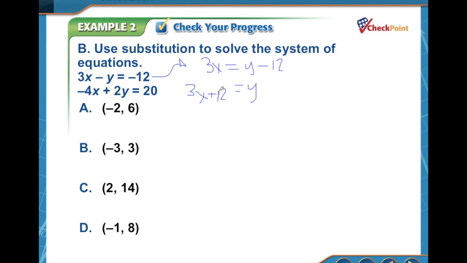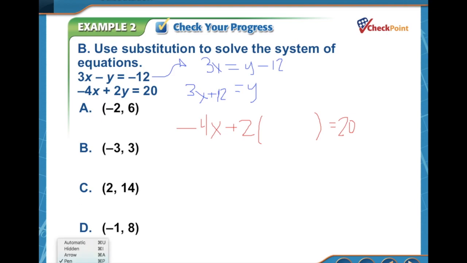Alright, so if y equals 3x plus 12, everywhere there's a y, I can also put 3x plus 12 into the other equation that I have. So let's do that. So I have negative 4x plus 2 times, well, y is going to be this 3x plus 12 thing, and it's equal to 20.